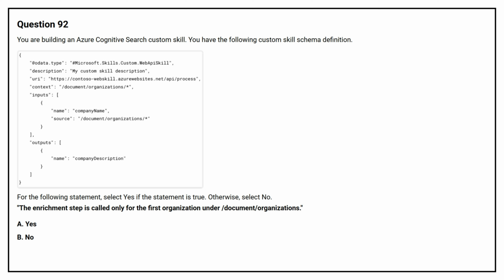Otherwise, select no. The enrichment step is called only for the first organization under /document/organizations. Option A, yes. Option B, no. The correct answer is option B, no.